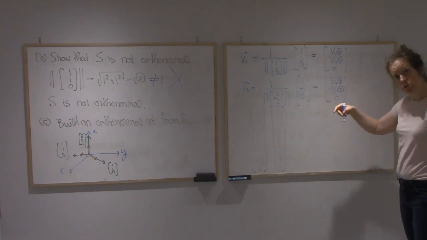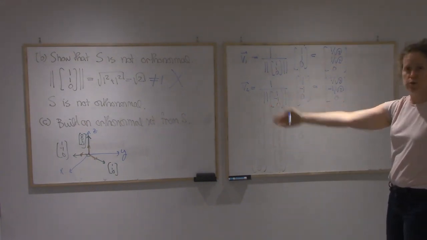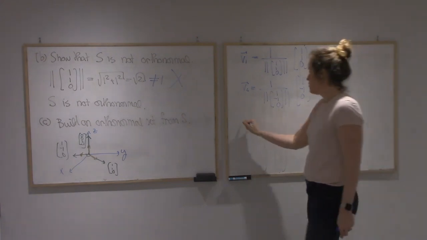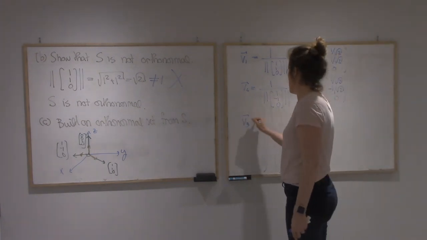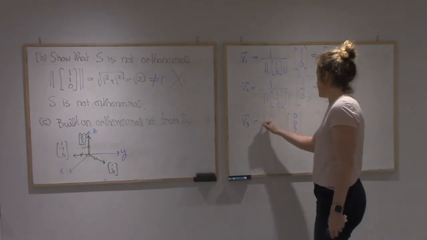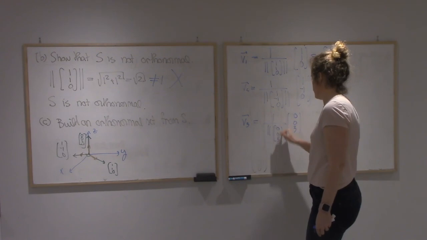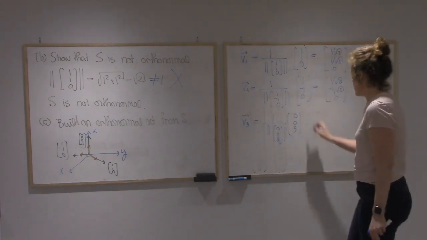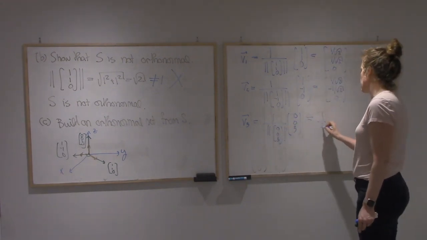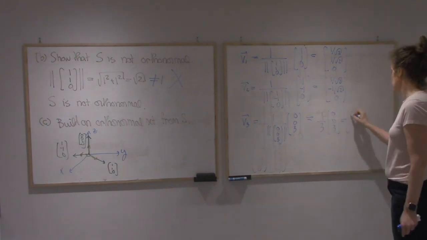These vectors are unit vectors, and they're still perpendicular because they're in the same direction as the ones we took before. And finally V3: I'm going to take (0, 0, 3) and divide it by its length. The length is 3, so I get 1/3 of (0, 0, 3), which is (0, 0, 1).